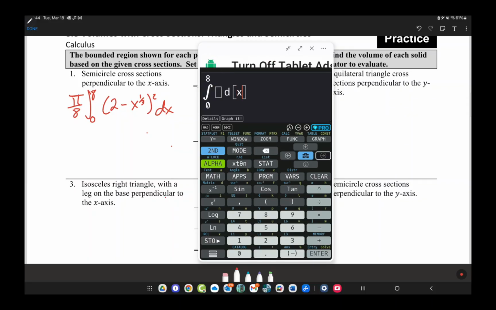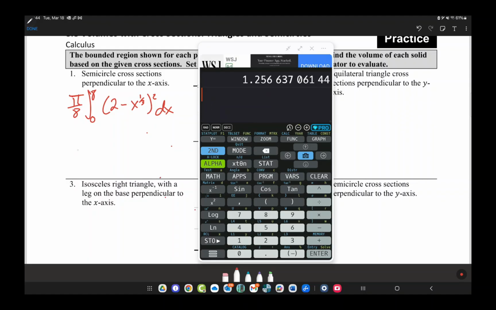I'll just do times pi out here. All right, so we have 2 minus x to the 1/3, squared. So we get 1.2566.